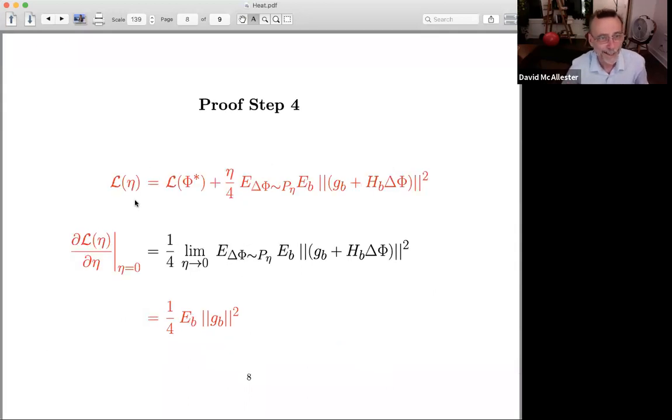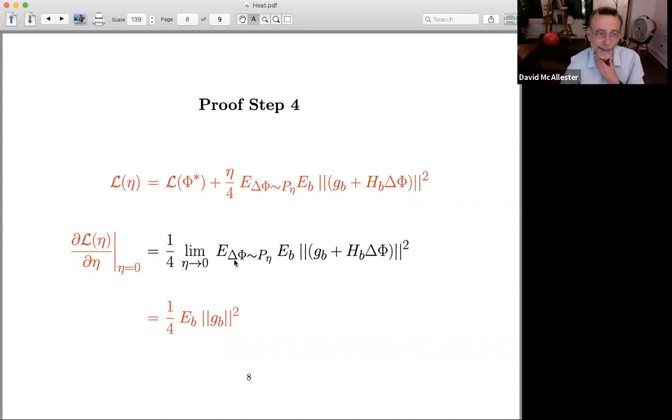Okay, so now I've got this equation, and this is the change in loss as a function of eta. The change in loss as a function of eta divided by eta, the limit of that as eta goes to 0, is the derivative with respect to eta. So the derivative is the limit of this thing divided by eta, which is now 1/4 the limit as eta goes to 0 of this thing.